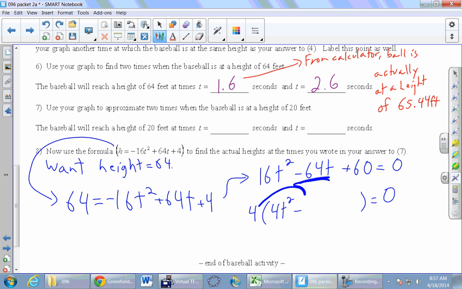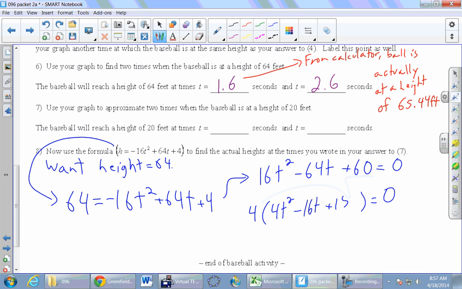So 4 times what gives 64? 16. And then we also need the t. That's a 16t. And then the last piece, 4 times something is supposed to give me that 60. 15 is good. Plus 15 is there.